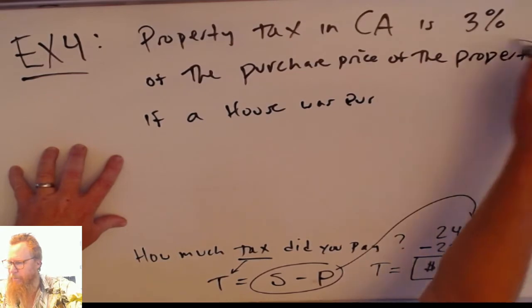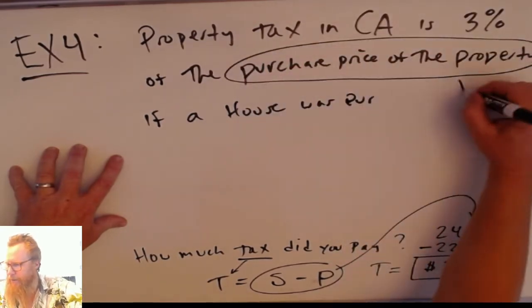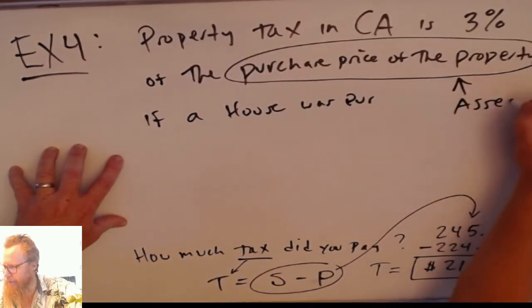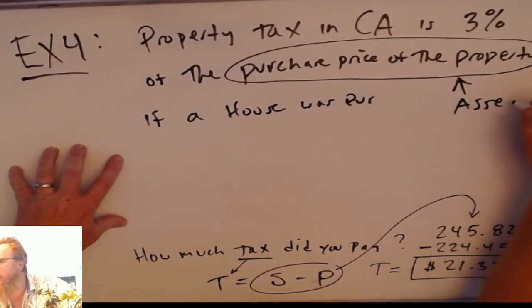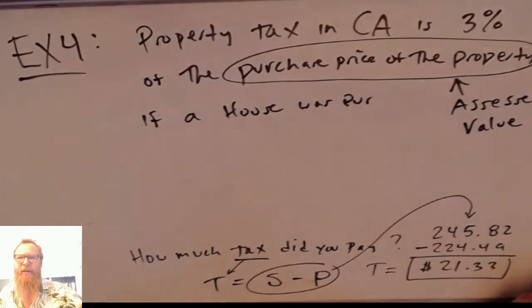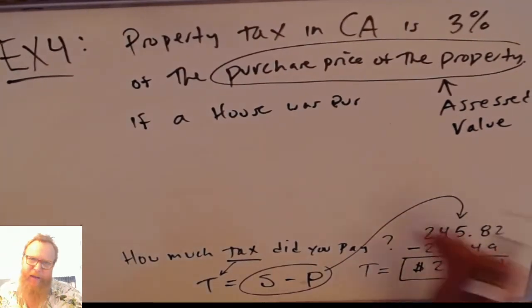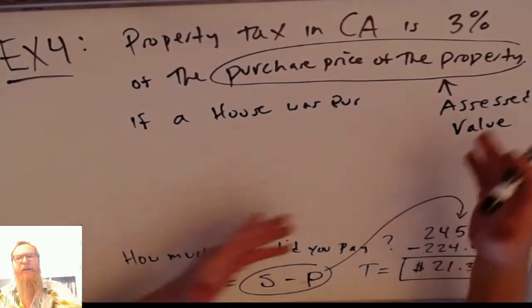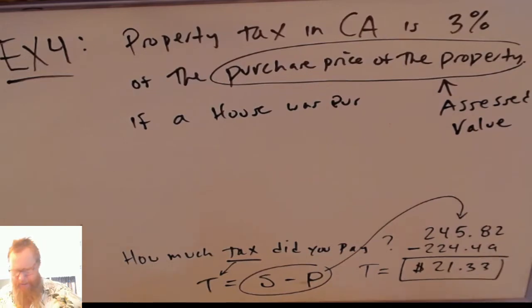By the way, the purchase price of the property is also called the assessed value. The property gets assessed and it has a value, and so that's its assessed value.